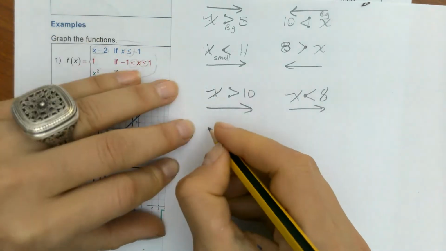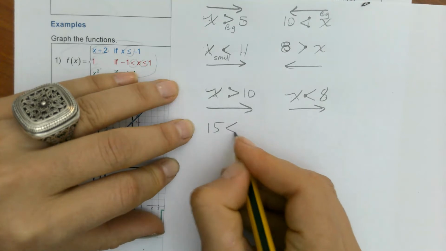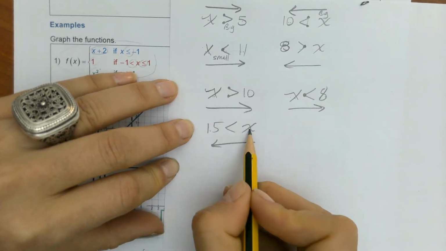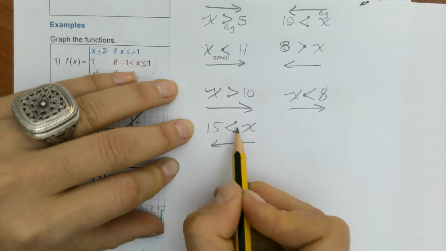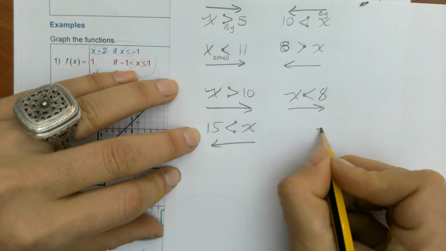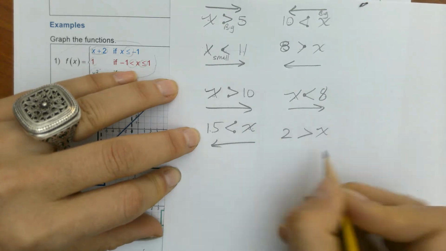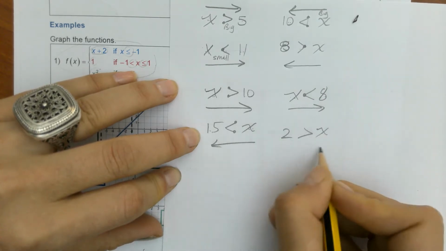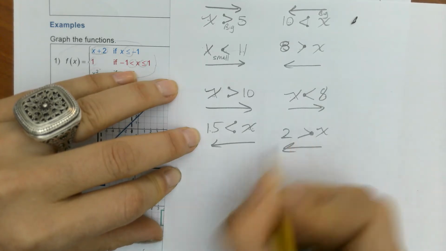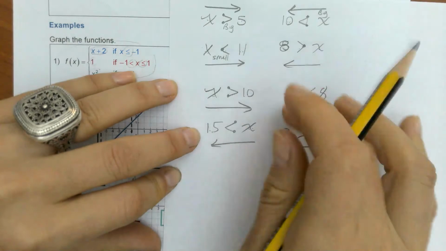If I have 15, I read it from the letter to the number, I see the big side first, x is bigger than 15. And if I touch the small side first, x is smaller than 2. So you have to know how to read these signs.